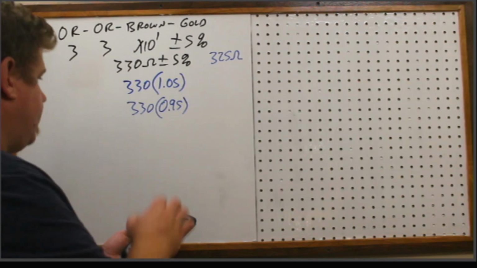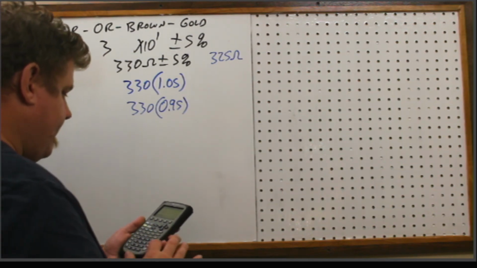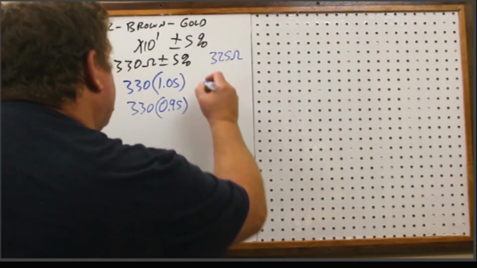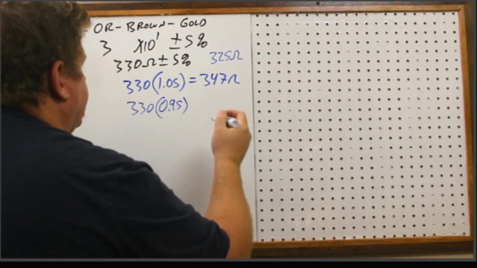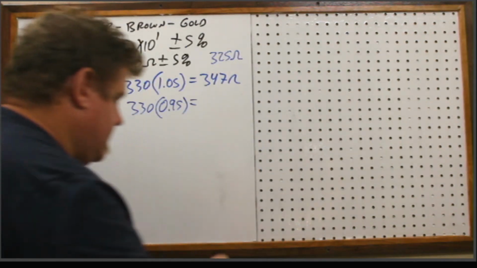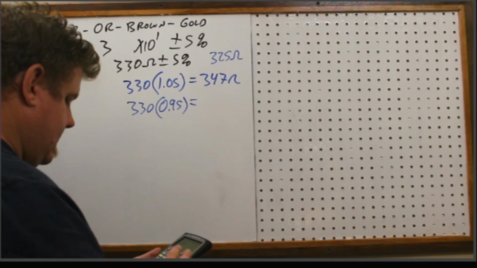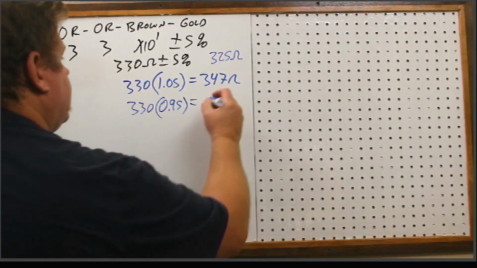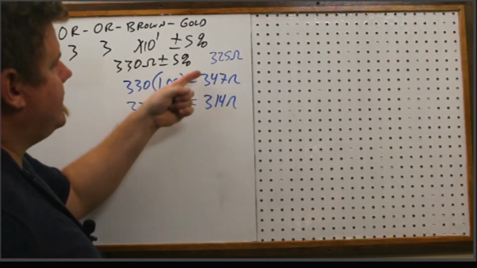So let me do both of these calculations since I got it up here. Times 1.05, that's 347 ohms. So that's the top range. Let's see what the bottom range is. So now times 0.95, and we get 314 if we round up. So, does this fall within this range?